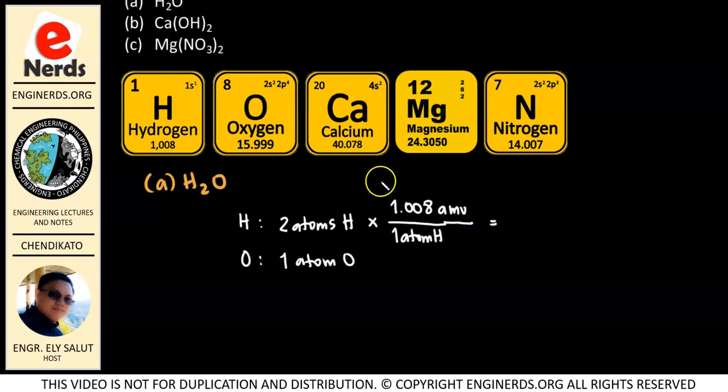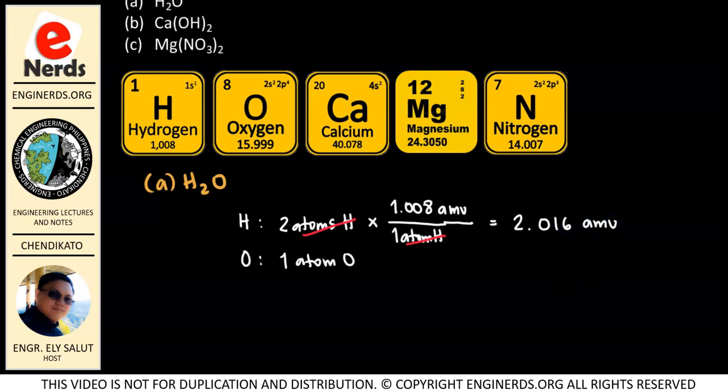Okay? So, as you can see, our unit for atoms in hydrogen will be cancelled out because yung isa is nasa numerator at yung isa naman is nasa denominator, no? So, what we will have here is 2 times 1.008, which is equal to 2.016 atomic mass unit.